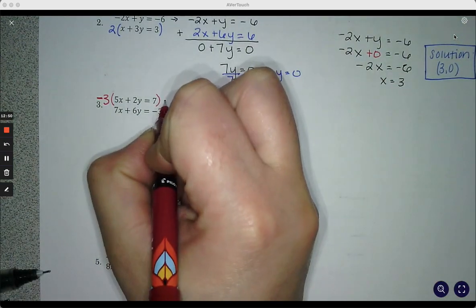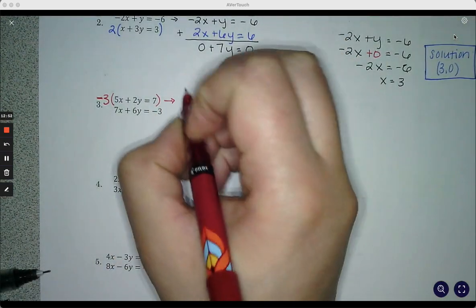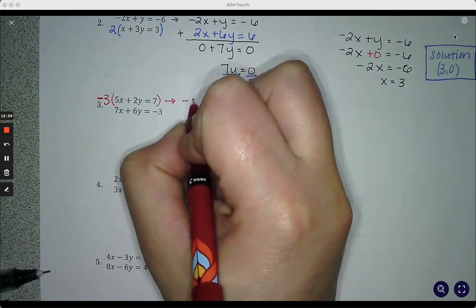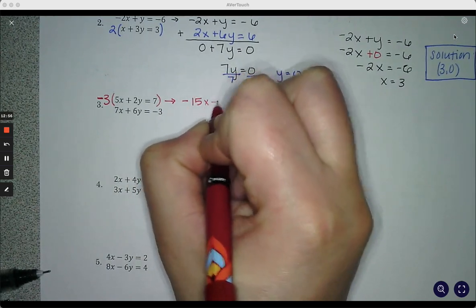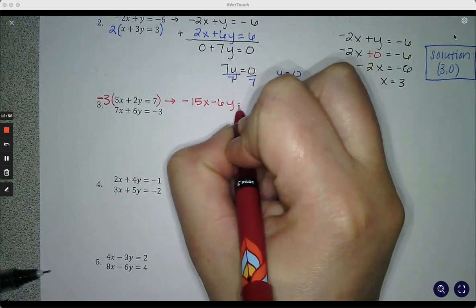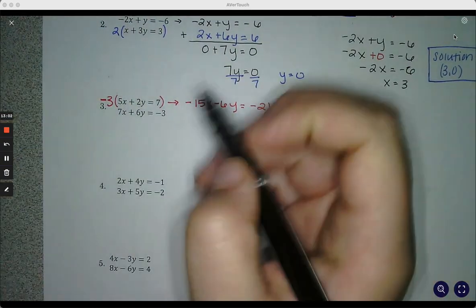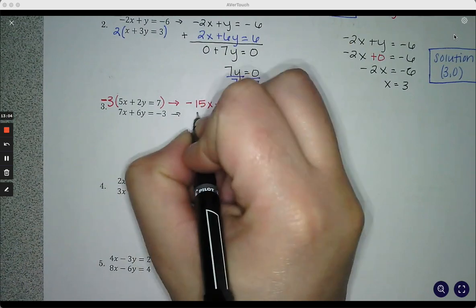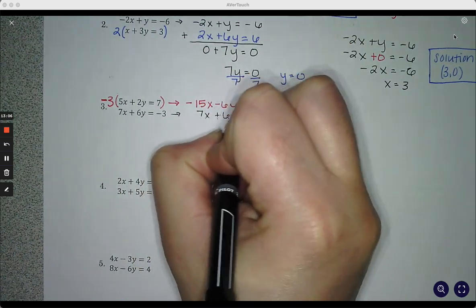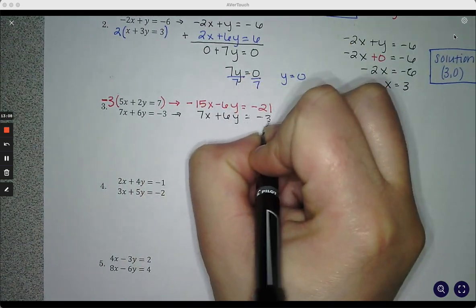So when I multiply straight through, I get negative 15x minus 6y equals negative 21. And then the bottom equation is going to stay the same. So we have 7x plus 6y equals negative 3.